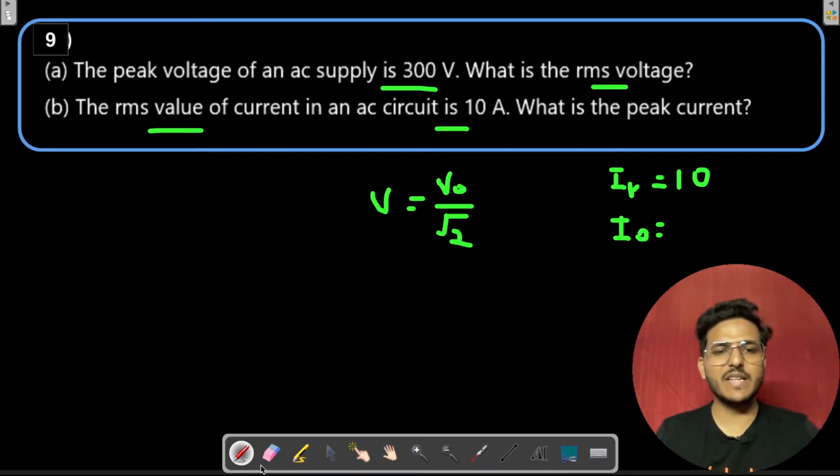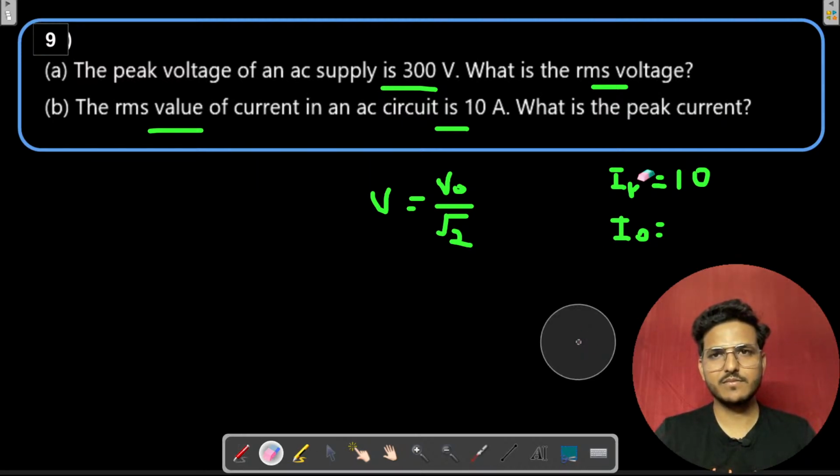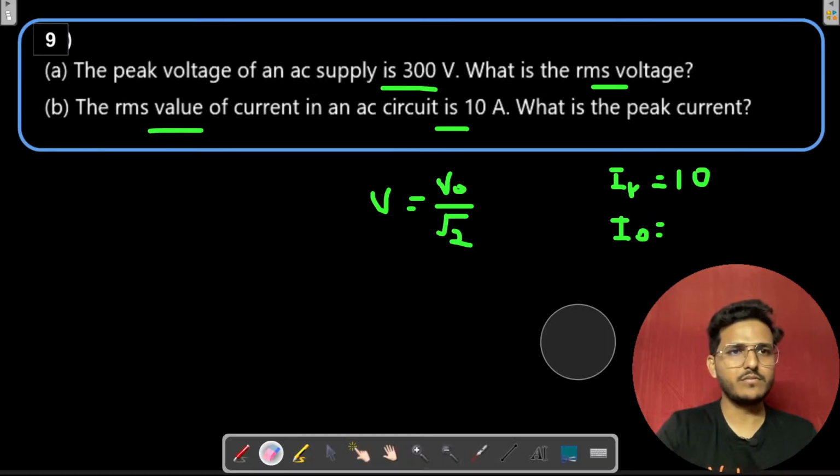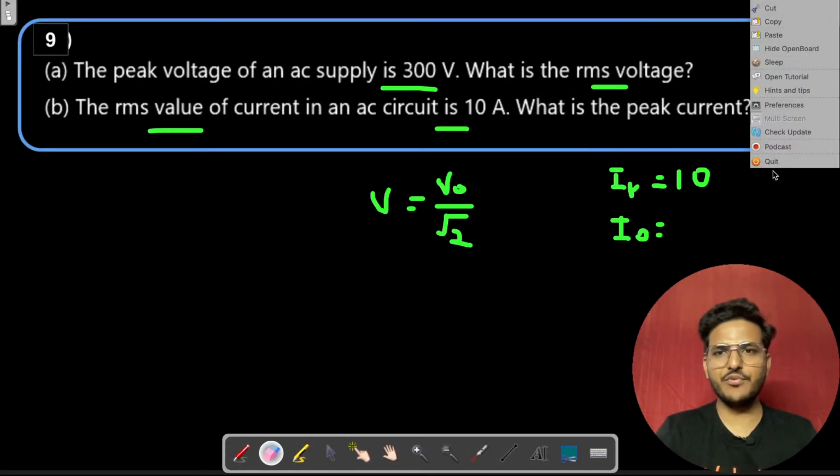And the formula will be the same formula, I naught upon root 2. You can use the formula I naught upon root 2.